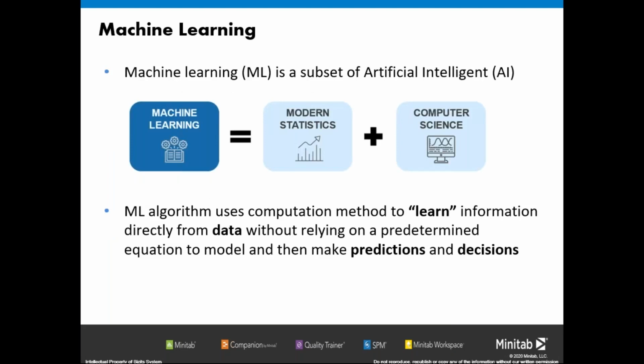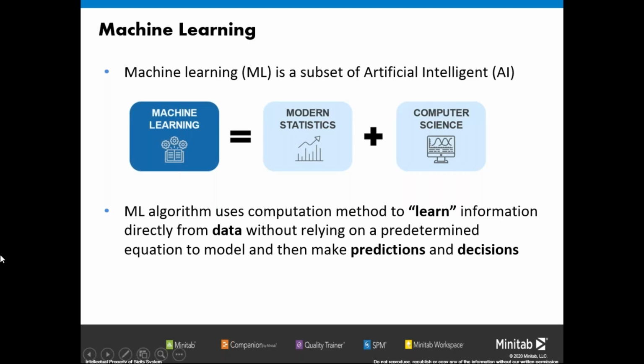So we go to machine learning. Machine learning is a subset of artificial intelligence, and it can be defined as modern statistics plus computer science. Basically, machine learning is an algorithm that uses computation methods to learn information directly from the data without relying on a predictive equation for the model, and then does prediction and decision.